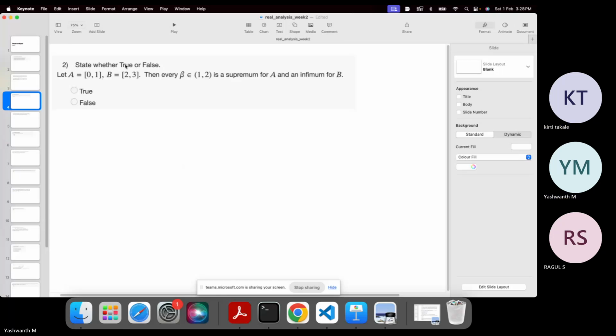Right. And similarly, 2 is the infimum for this set B. Okay, so one more thing I forgot to mention: when the supremum or infimum exists, it is a unique number.